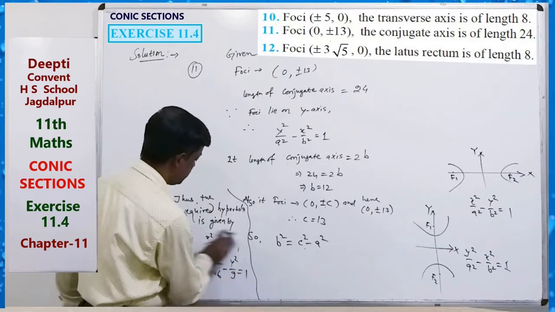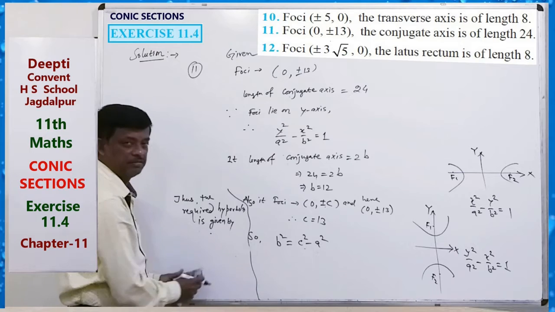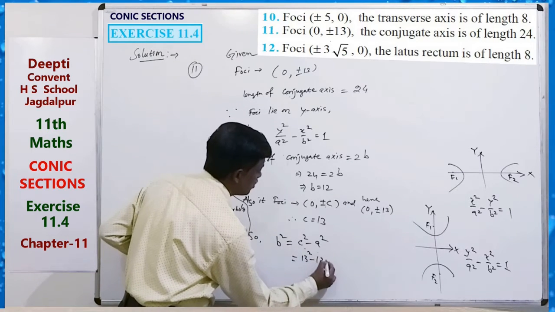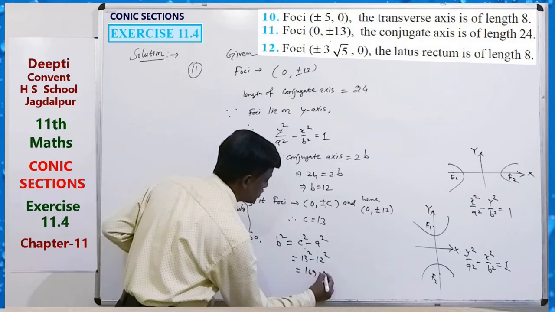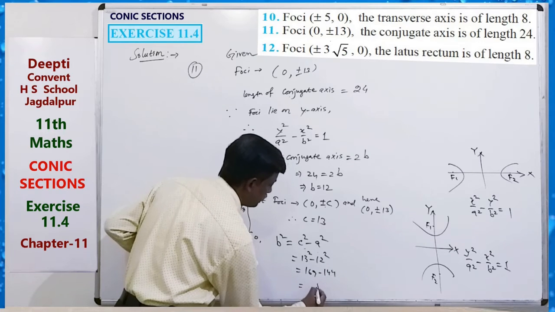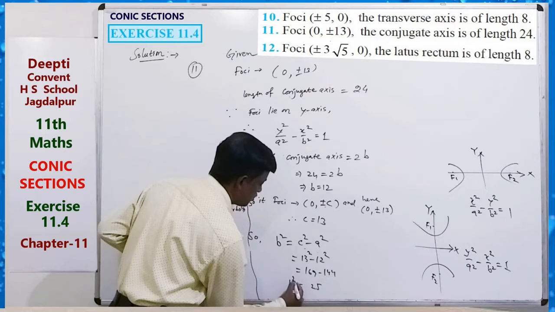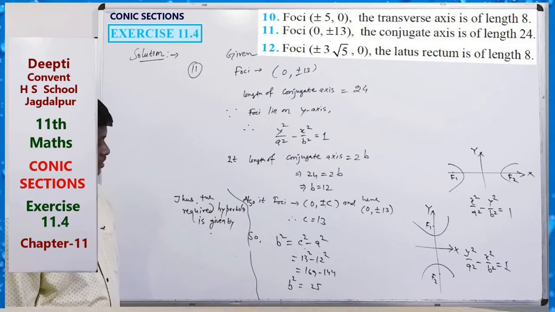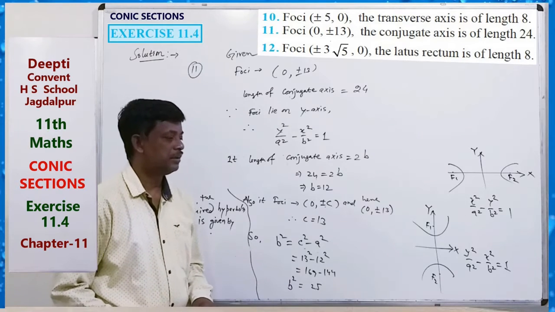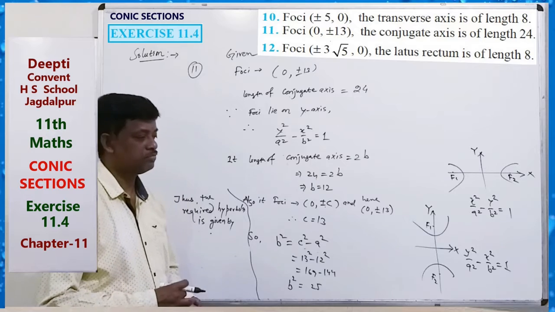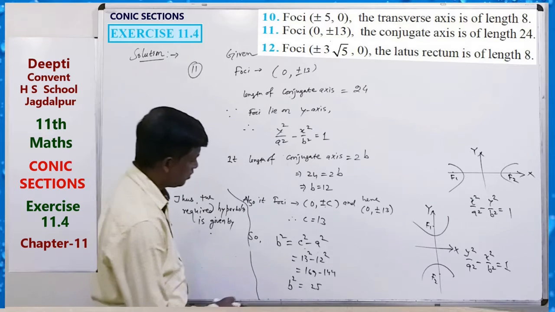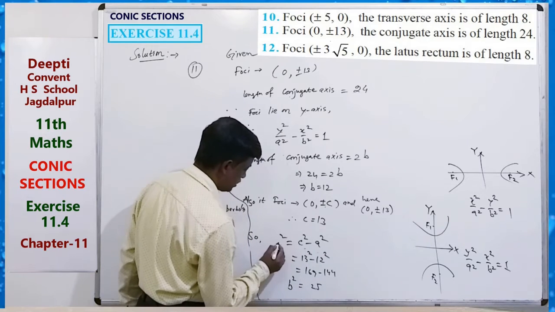So a can be found how? A square equals c square minus b square, 13 square minus 12 square, 169 minus 144, equals 25. So a square equals 25.